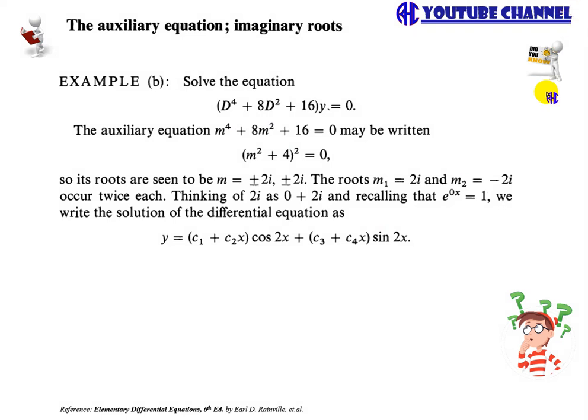Okay, so ito yung magiging general solution natin. So, paano yan nakuha? So, of course, sulat natin dito. So, magiging C1. Sa 2i muna natin, a raised to, wala tayong a. So, that is 0.